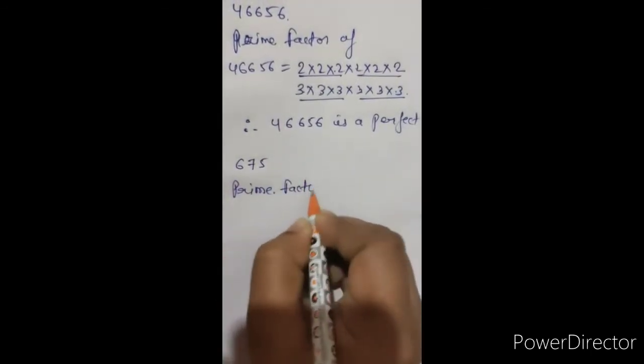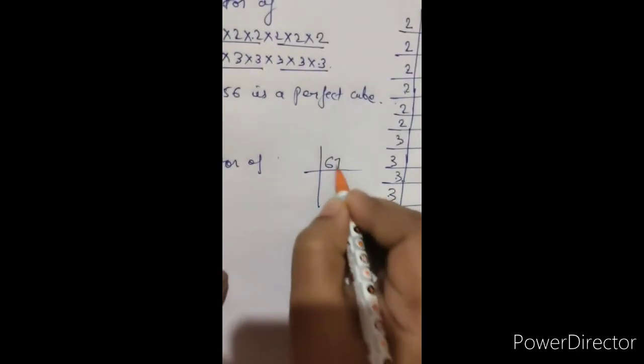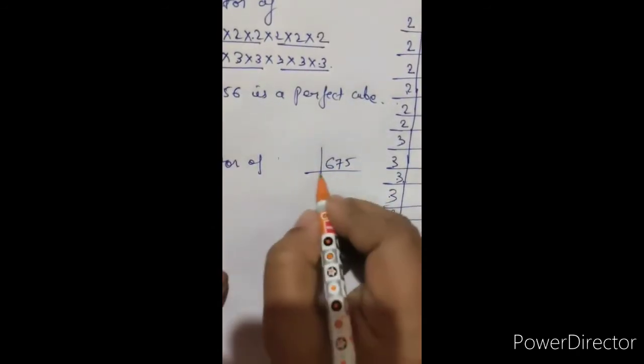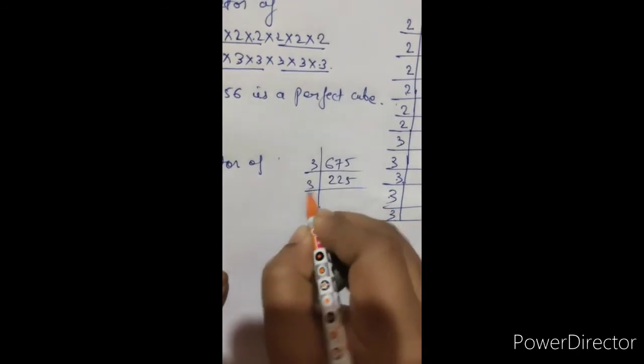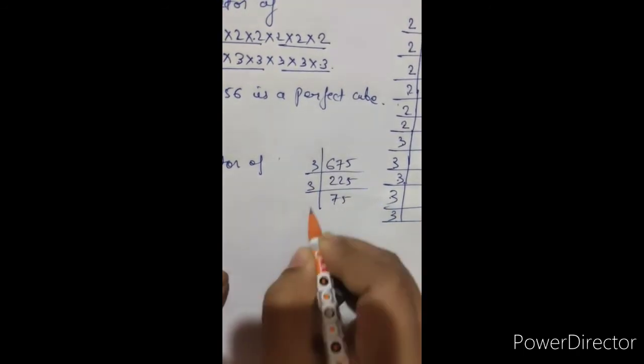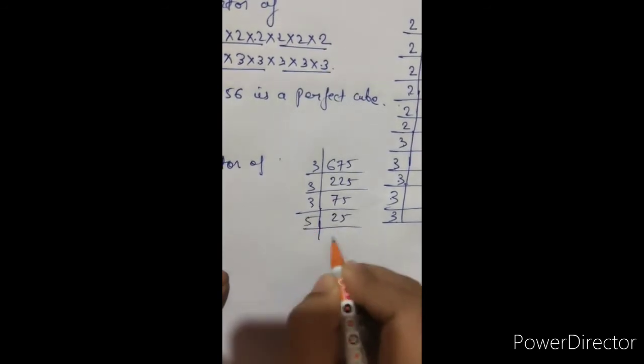So the prime factors of 675: first of all you have to find them. 675 is divisible by 3. 3 times 225 is 675. Again 3 times 75, then 3 times 25, and 5 times 5 is 25.